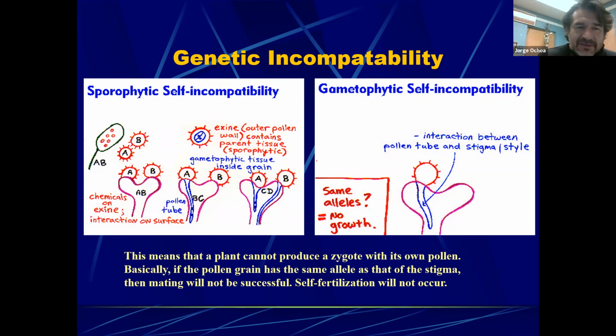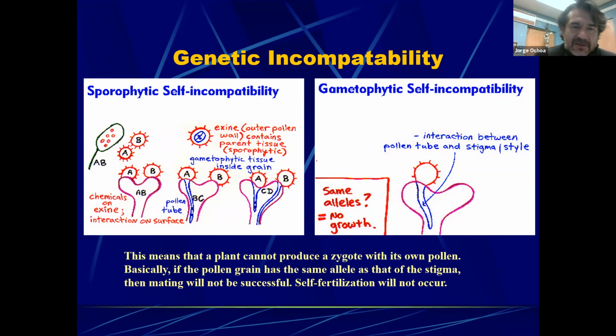And so here we're using simple letters just to signify. So this is a plant that has an AB capital for the stigma. And so it knows that an AB capital for the pollen is probably going to be the self. It's going to be the same from the same flower. So it's not going to accept it.